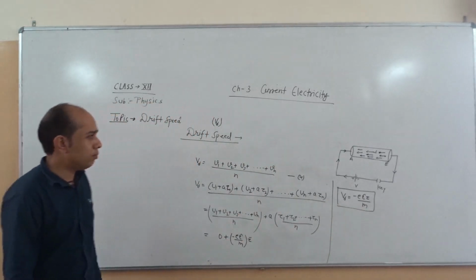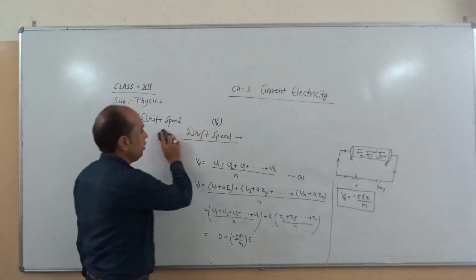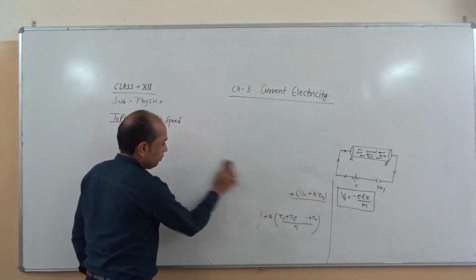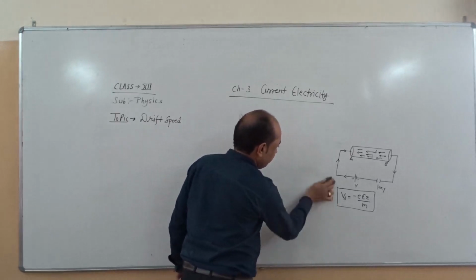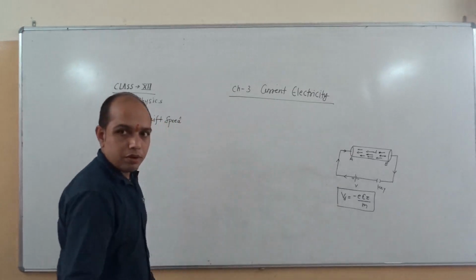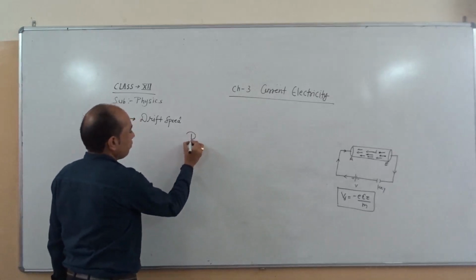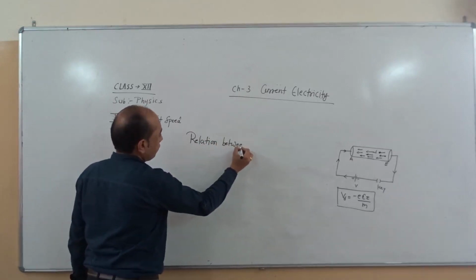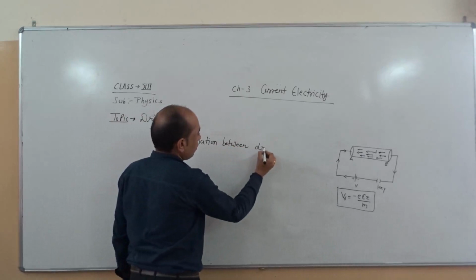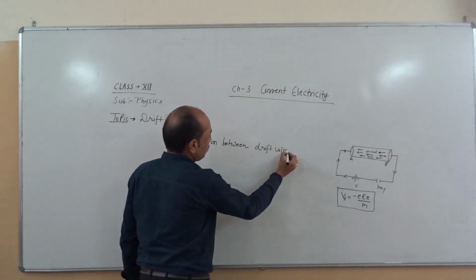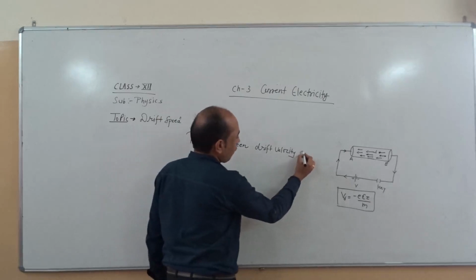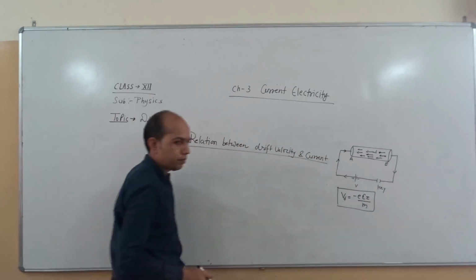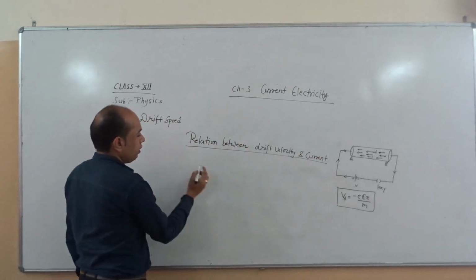Now we derive a relation between drift velocity and electric current. In order to find the relation between drift velocity and current, first of all we define current.